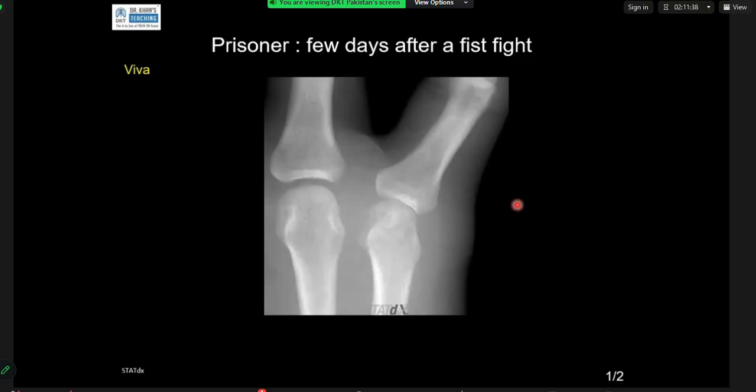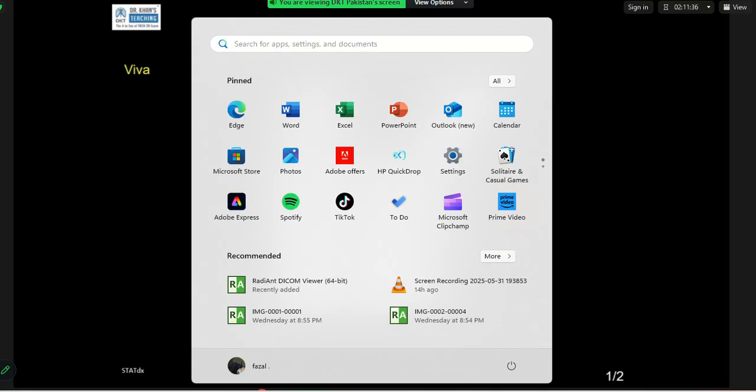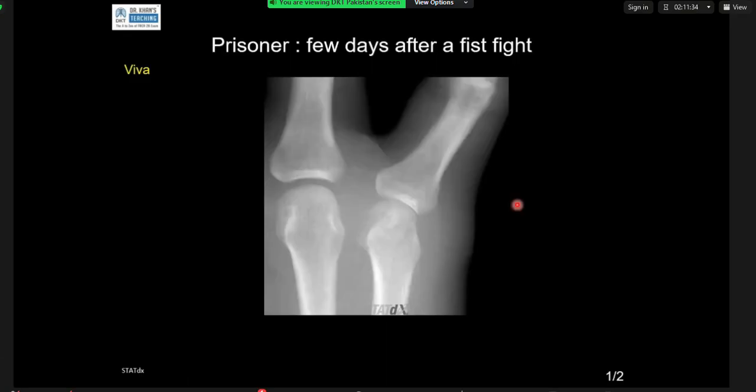There is also narrowing of the joint space and sclerosis at the other side of the joint. So I'm concerned about an infective process. It might be osteomyelitis. What is happening to the joint space? There is narrowing of the joint space.